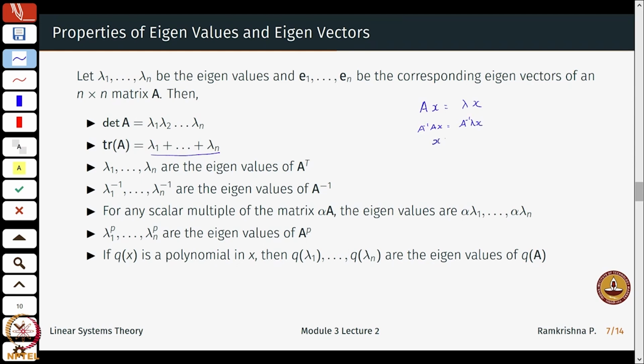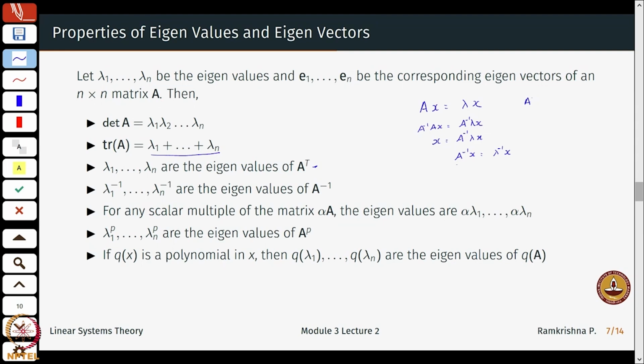So, x is A inverse lambda x, or I can rewrite this as A inverse x is lambda inverse x, again assuming that none of the lambdas are 0, otherwise this will not hold. Similarly, I can find out the other statement.